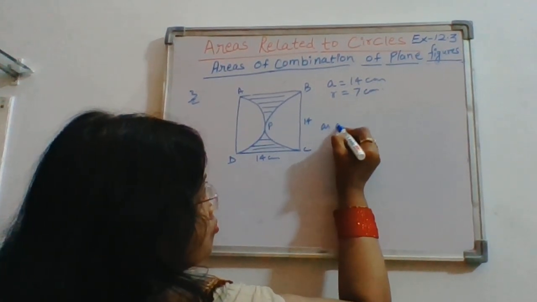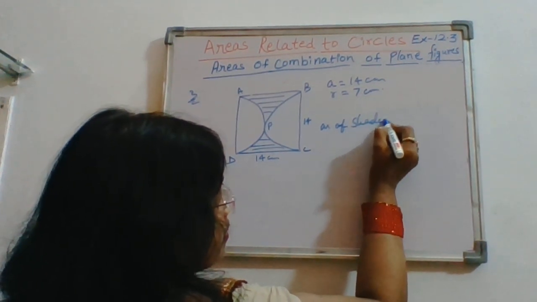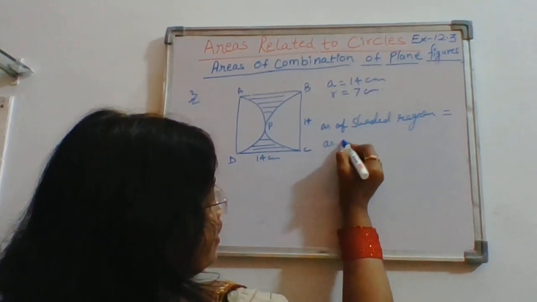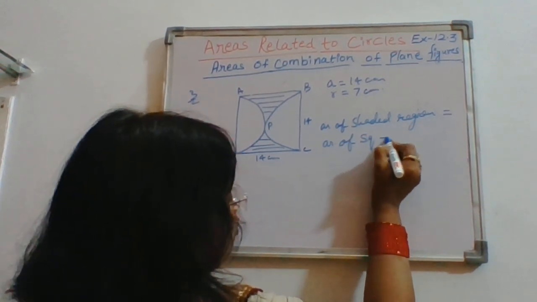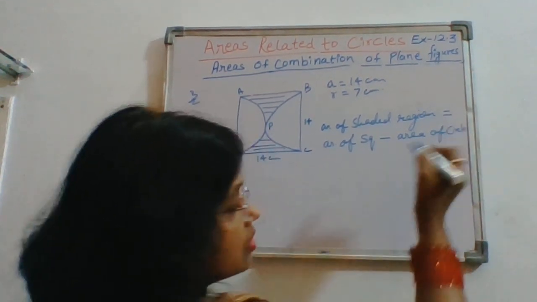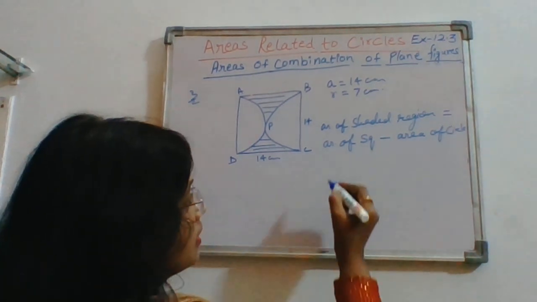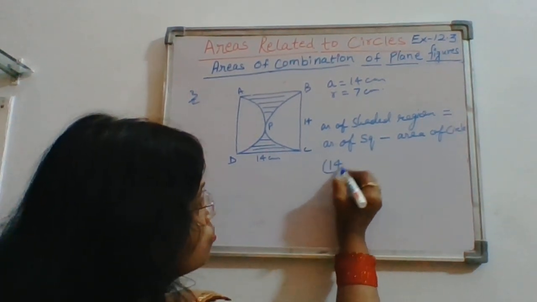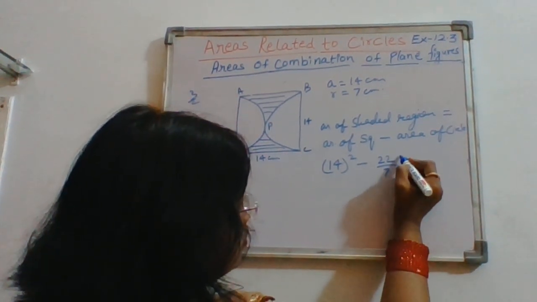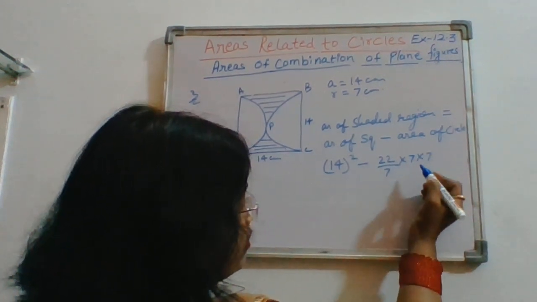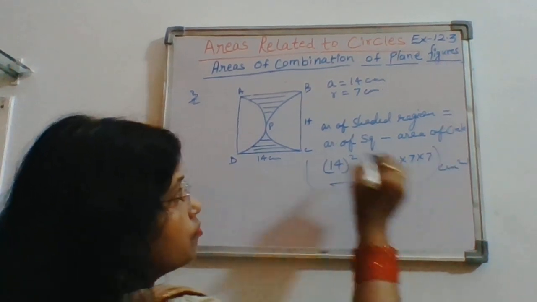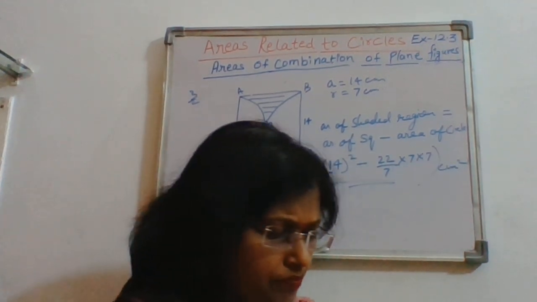So area of shaded region will be equal to area of square minus area of circle, because two semicircles will be equal to one circle. Area of the square is side square, 14 square, minus area of a circle, pi r square, 22 by 7 into 7 into 7. You can calculate this easily. This much will be the area of the shaded region, right?